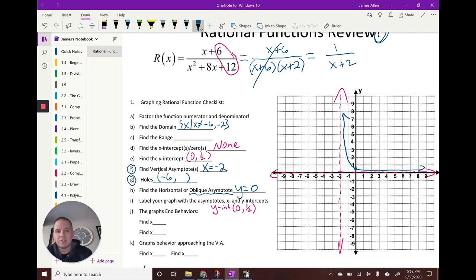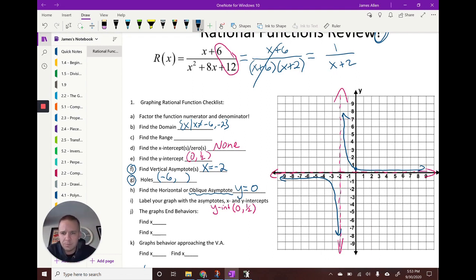And because I don't have a squared binomial determining my asymptote right there, like if it's not x plus 2 squared, I know the other one's going to actually be right over here. We're going to do a little more exploring with numbers to show another way of seeing what's going on at those asymptotes, okay?